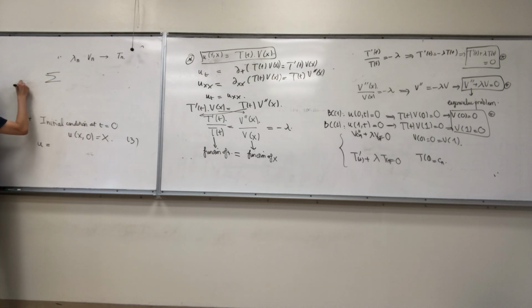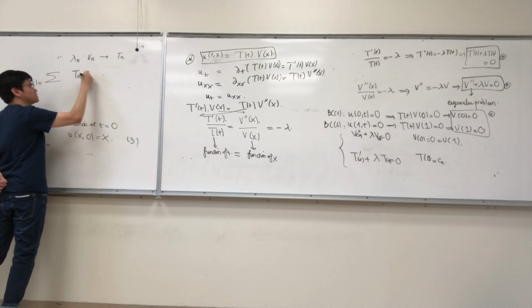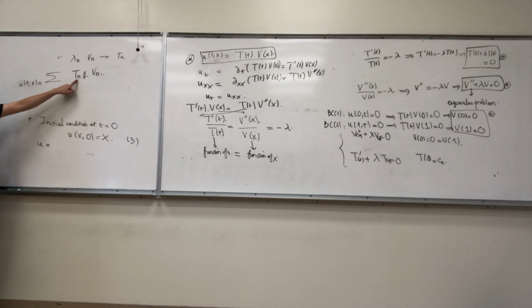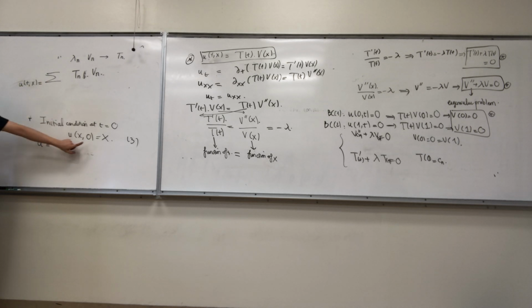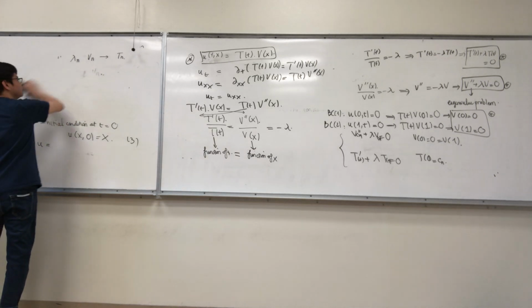So u will be, because they're all solutions, you have to take the sum of Tn times vn. And now you match with this initial condition, right? So you have to find the constants in Tn so that this sum is equal to x when t is 0. Right? Is it clear? All right, so let me try to summarize the big picture for you, right?